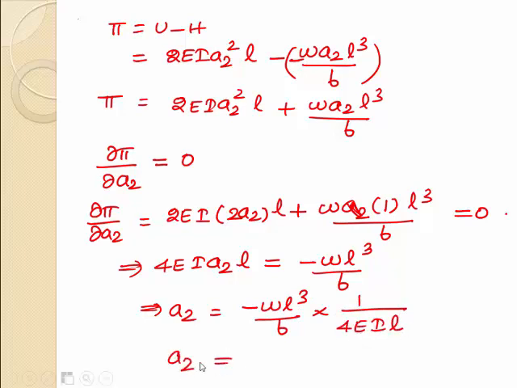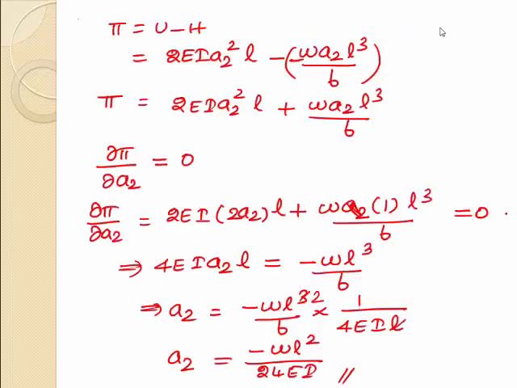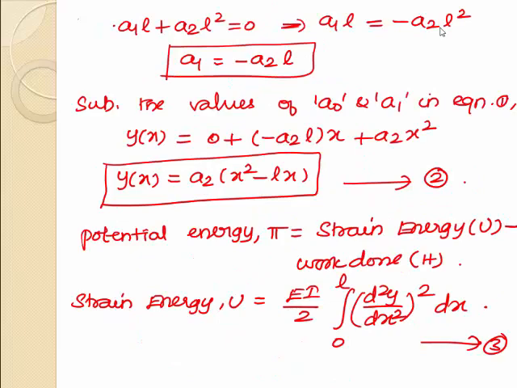So a2 is minus WL square divided by 24EI. Okay, so now we can substitute the value of a2 in equation 2.